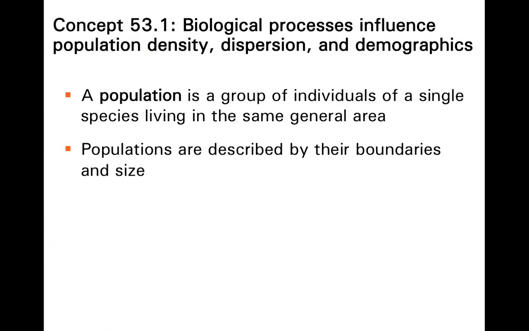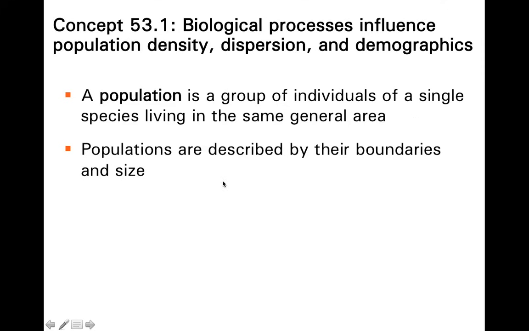So once again, what we need to talk about, what is a population? A population is a group of individuals of a single species living in the same general area. Usually, in the evolutionary sense, we say that a population includes the potential for members of this group of individuals to survive and reproduce together, that they are fit together.